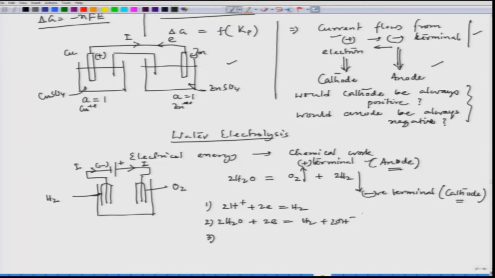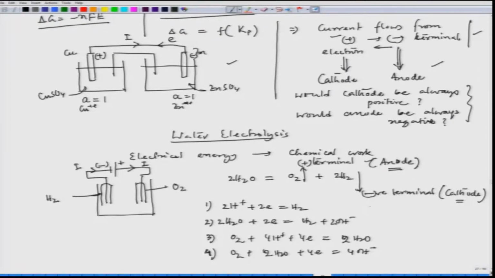Third, if we have dissolved oxygen, O2 plus 4H plus plus 4e equal to 2H2O; fourth, O2 plus 2H2O plus 4e equal to 4OH minus. So, these are 4 major reactions that are possible in a water system, and these are important with regard to the corrosion of metals. We will see later on that these reactions are extremely important.